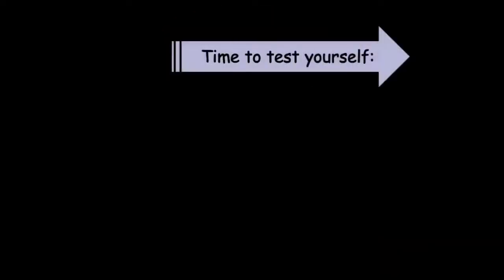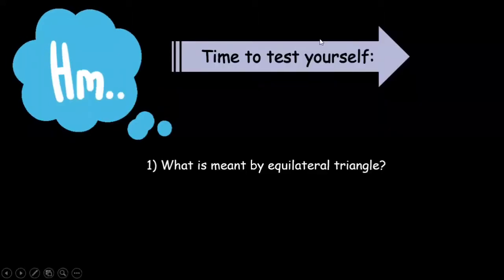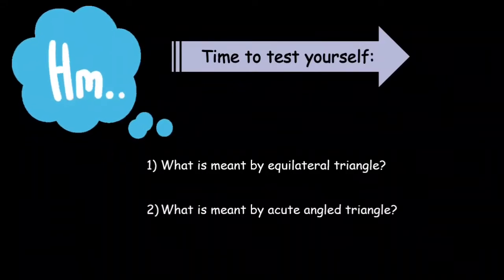Now, moving ahead, it's time to test yourself. I want someone to tell me what is meant by an equilateral triangle. Very good. So I'll just recall once again, an equilateral triangle is a triangle with all three sides equal. Now we'll see the second question. What is meant by an acute angled triangle?